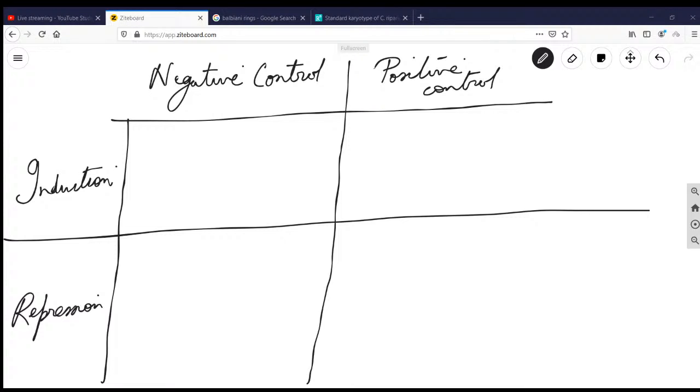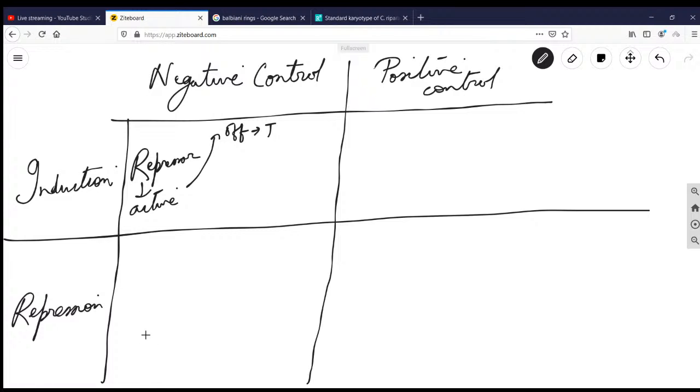Now see, you have a repressor. Negative control means you have a repressor, like lacI, which will bind, so you have an active repressor. First of all, the repressor will be active, and this active repressor will switch off the expression, or transcription. T means transcription.